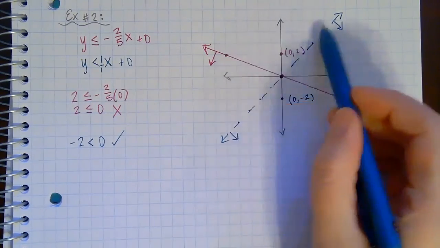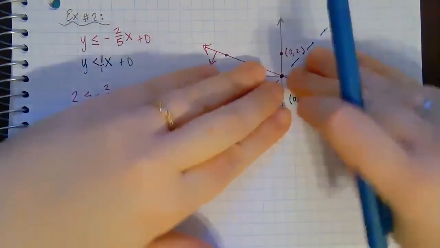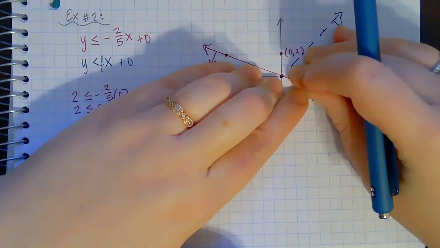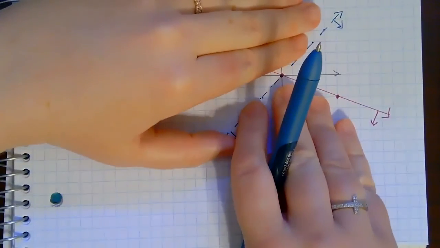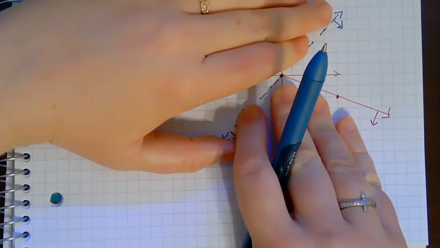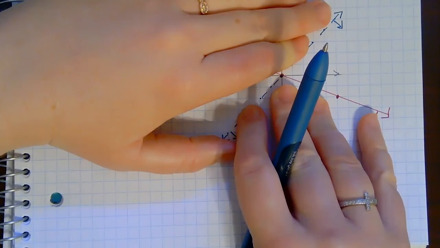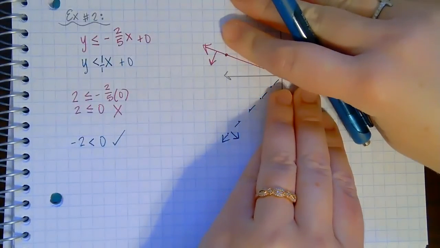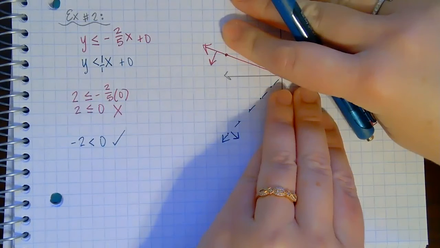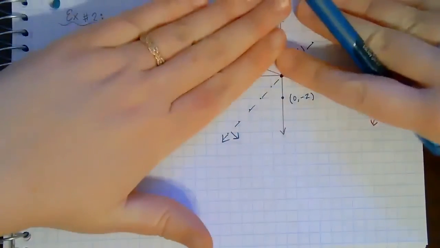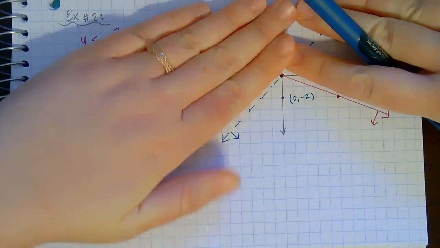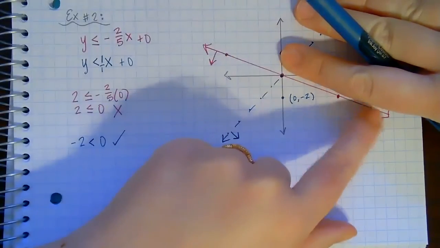Okay, so this region up here, you can see there's 4 regions. So there's that one, neither arrow is pointing inward. There's this one, the blue arrow is pointing inward, but the purple arrow is pointing the opposite way. There's this one, purple arrow is pointing inward, but the blue arrow is pointing the opposite way. And then there's this one down here where both arrows are pointing inwards, the blue right here and the purple over here.